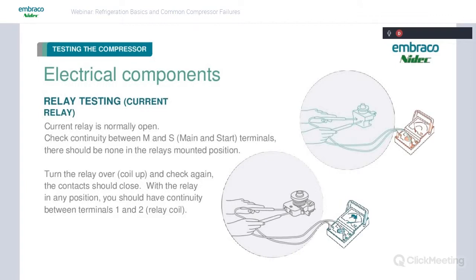If there is, the contacts could be stuck. Then turn the relay over and check it again. Gravity should cause the contacts to close, and you should have continuity. And then if you test the coil on terminals 1 and 2, you should have continuity. If not, you've got an open or damaged coil.